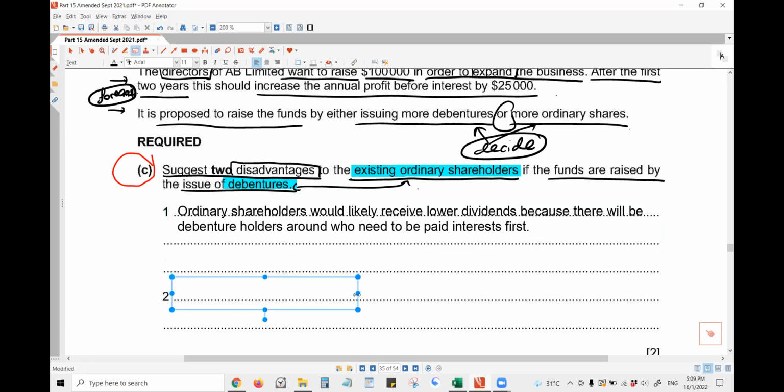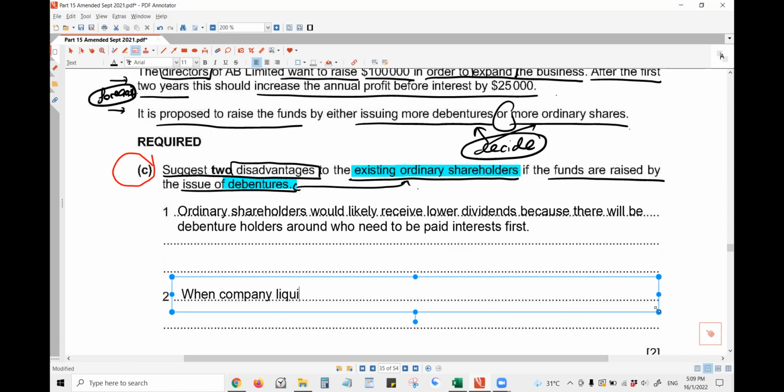Okay, next point about the priority also, but in the environment of closing down, companies closing down. Liquidates means liquidation, closing down.